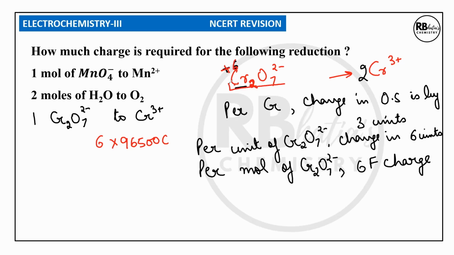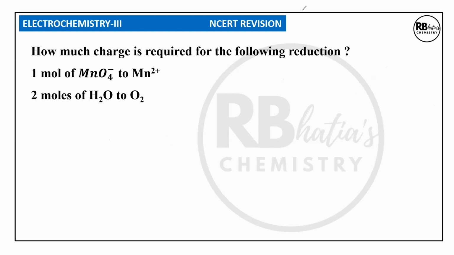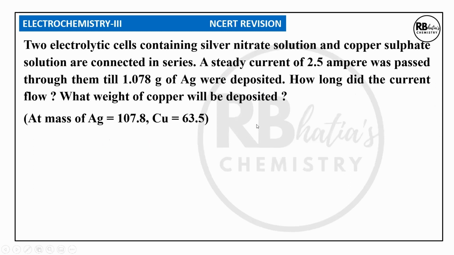Since per mole of dichromate 2 chromiums are involved, the net change is going to be by 6 units. Per chromium 3, for 2 chromiums per mole of dichromate 6. Hence, for 1 mole of dichromate ion, 2 chromium ion, the total charge in coulomb required is going to be 6 into 96500 coulomb. Very important type of questions.